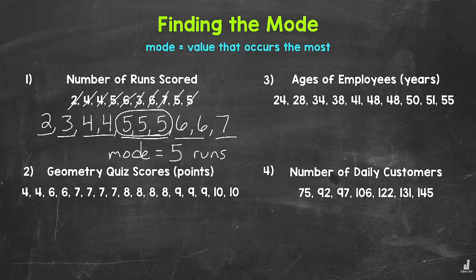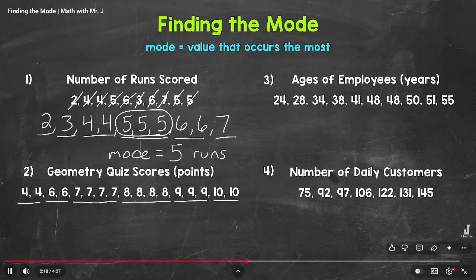Let's move on to number 2, where we have a class's geometry quiz scores, out of 10 points. 2 students earned 4 points, 2 students earned 6 points, 4 students earned 7 points, 4 students earned 8 points, 3 students earned 9 points, and 2 students earned 10 points.